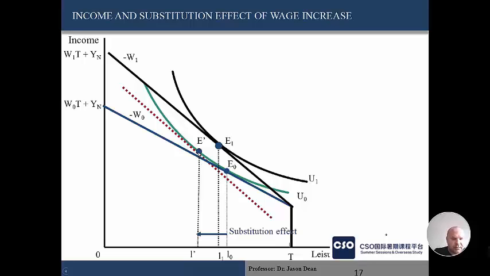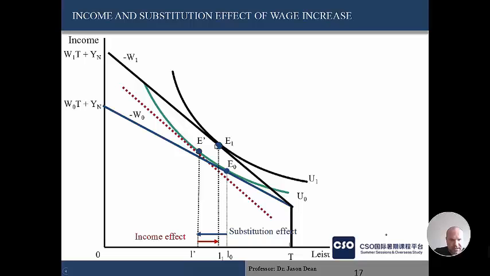And to isolate the income effect, we just look at the difference between E prime and E1. If we give that person the income back and see where they're tangent to their new indifference curve, we'd be at point E1.